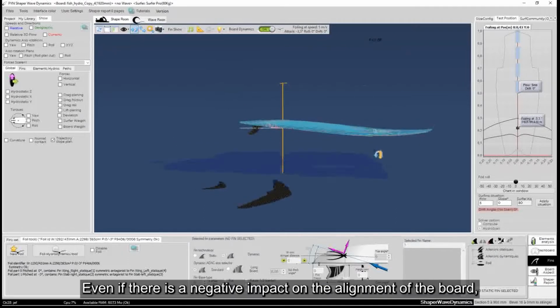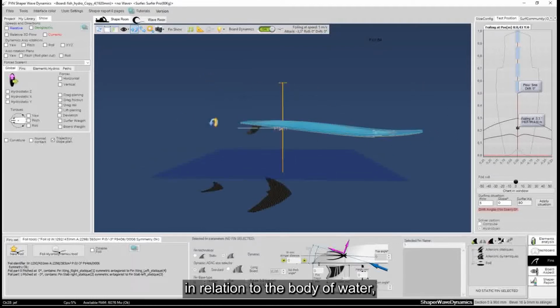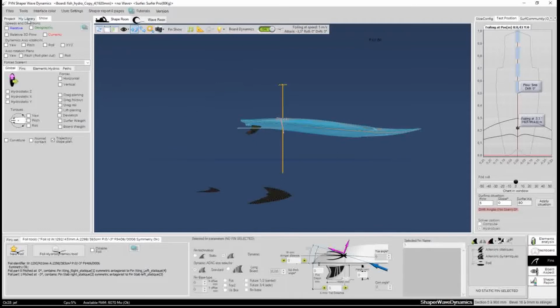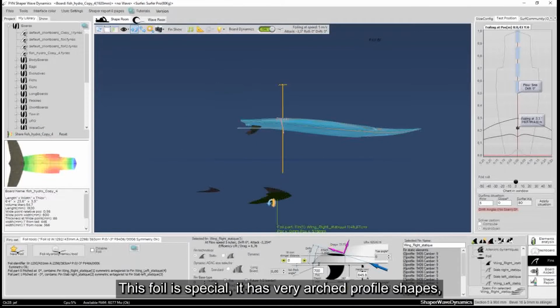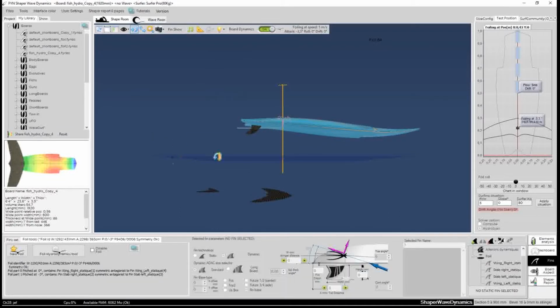Even if there is a negative angle of the board in relation to the body of water, the foil has angles which make it possible to generate lift. This foil is special, it has very arched profile shapes. And this is what makes it possible to generate lift, despite the negative angle of the board.